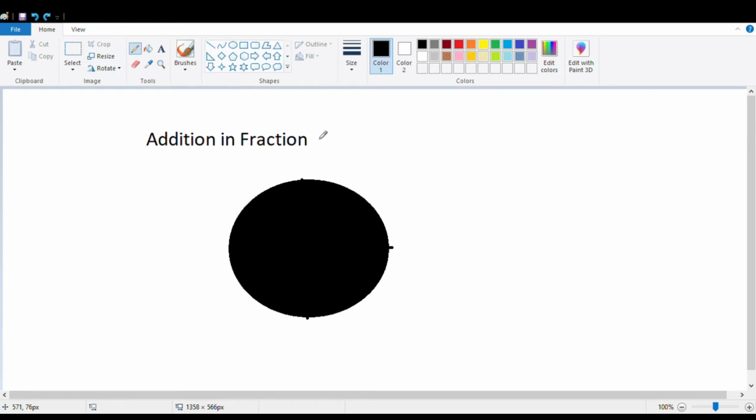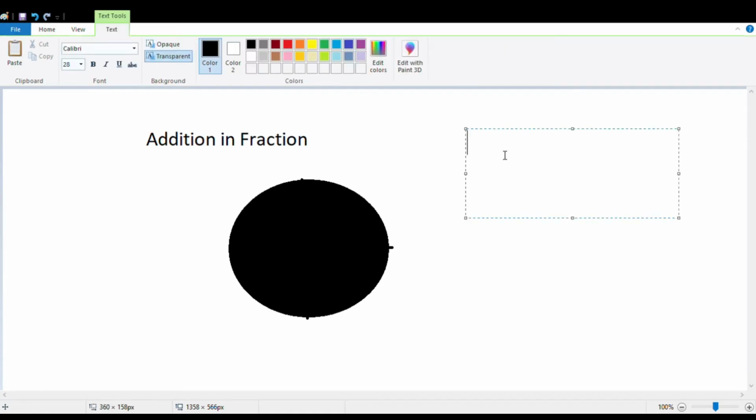So what does this become? This becomes 4 by 4. The number of eaten pieces equals 4, and the total pieces is also 4. We all agree.